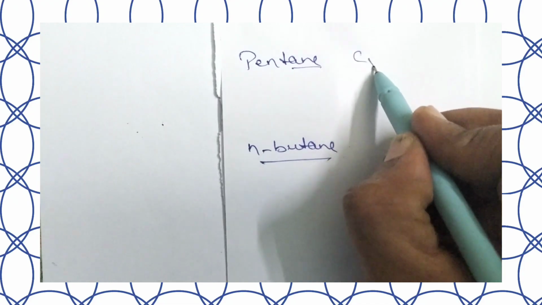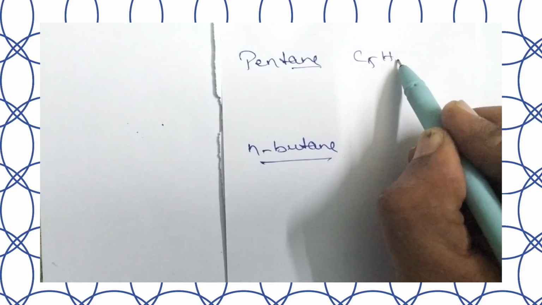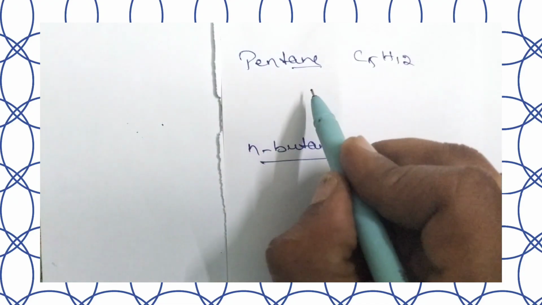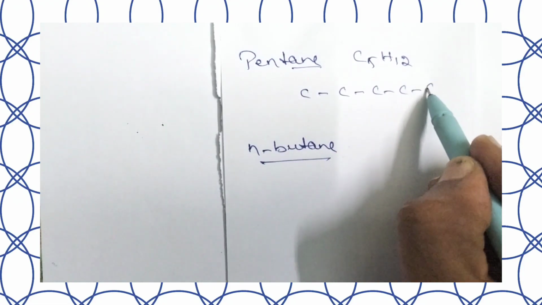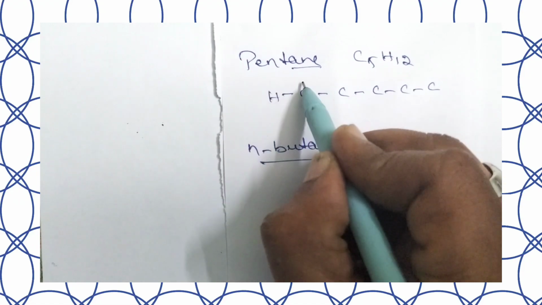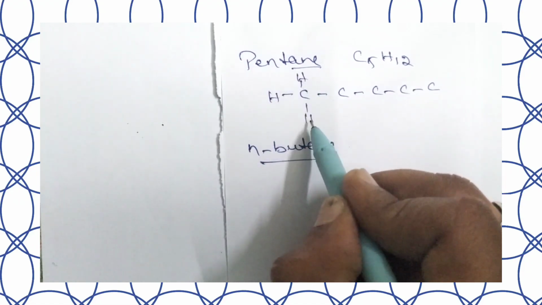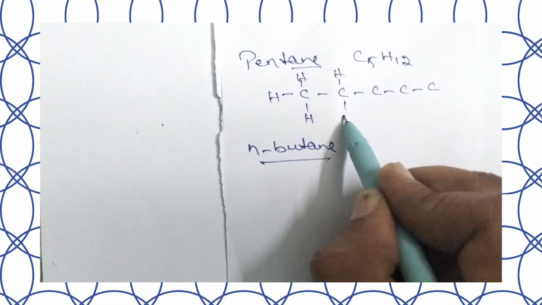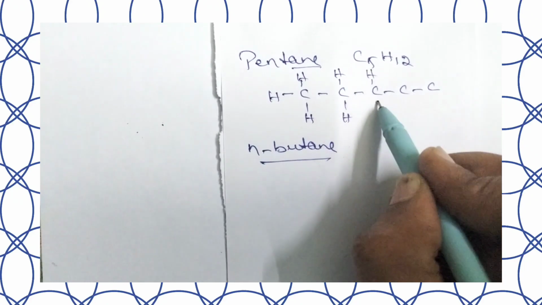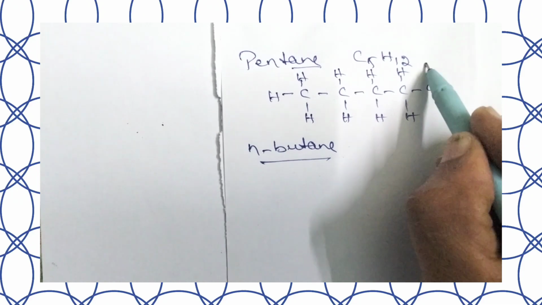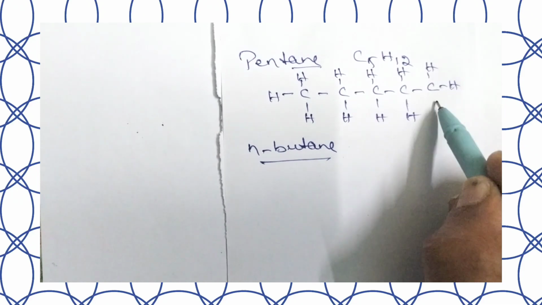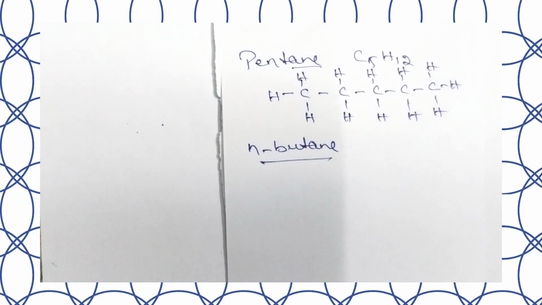So C5H12: 5 times 2 is 10, plus 2 is 12. So let us write 5 carbons. Since it is ANE, everywhere we have to use single bonds. 1, 2, 3, 4, 5, 6, 7, 8, 9, 10, 11, 12. Then n-butane.